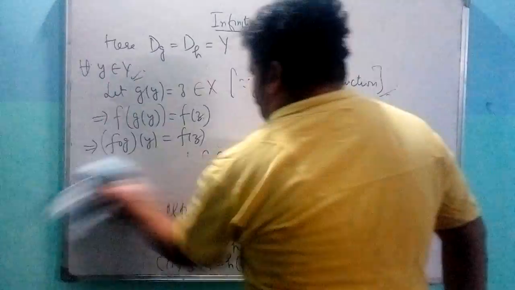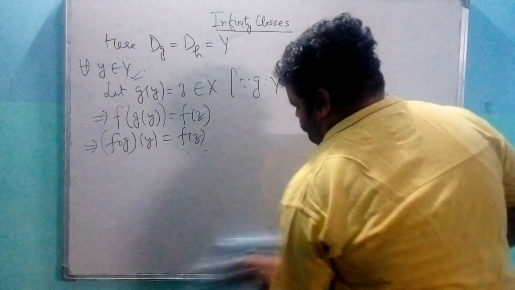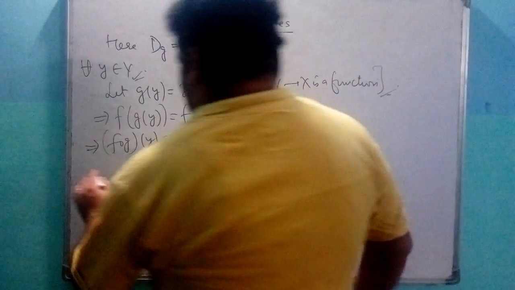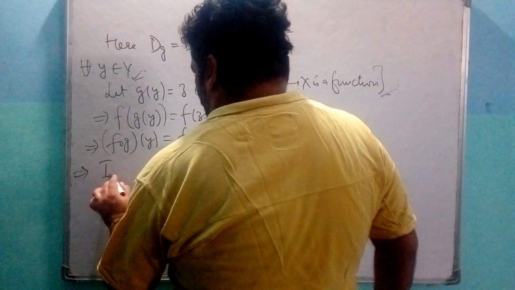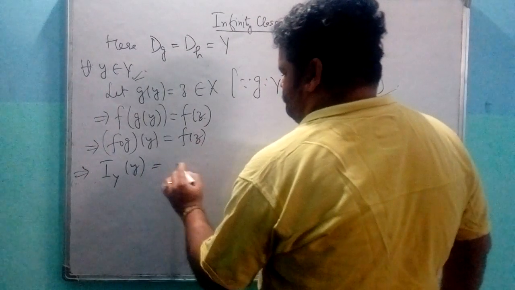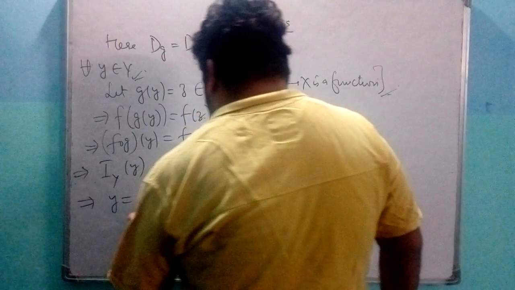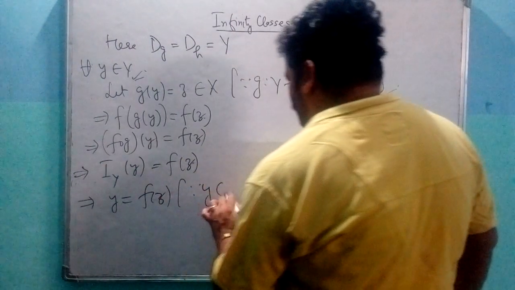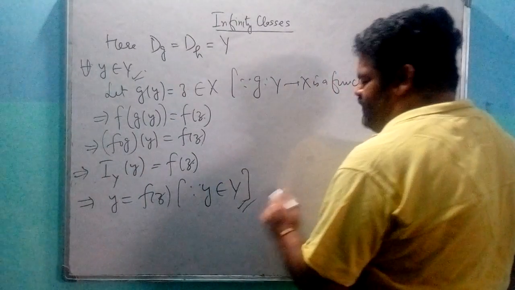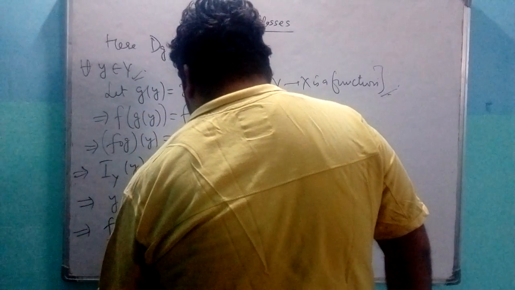This implies f of g is identity on Y, means it fixes the elements of set Y. This is equal to y, because y belongs to Y and I_Y is identity on Y, so it fixes the elements of Y. Implies f of z is equal to y.